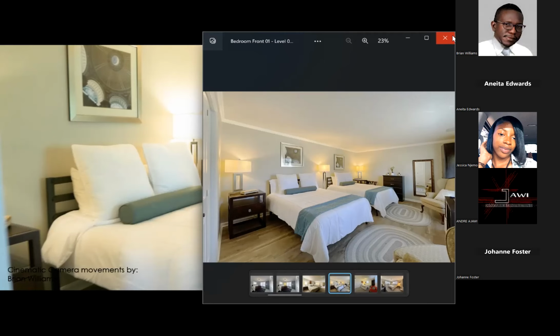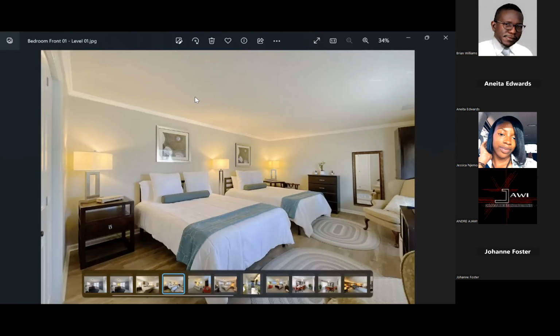So what I'm trying to say is that when you have a picture, you're not necessarily using a cinematic camera movement naturally because it's just a stationary shot. But sometimes after you take the stationary shot, you say to yourself, you know what, this would be perfect if I did a tilt up or a tilt down or a push in or a pull out.